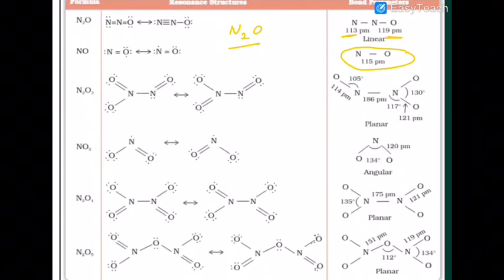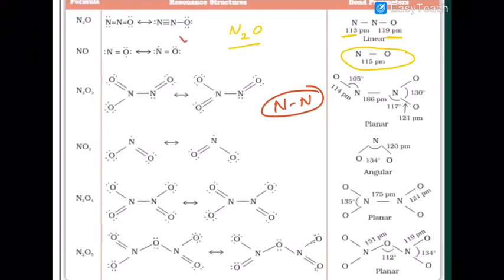Similarly, one of the most important questions that has been asked till now is: how many oxides of nitrogen have nitrogen nitrogen bonds? The answer is N2O, N2O3 and N2O4.